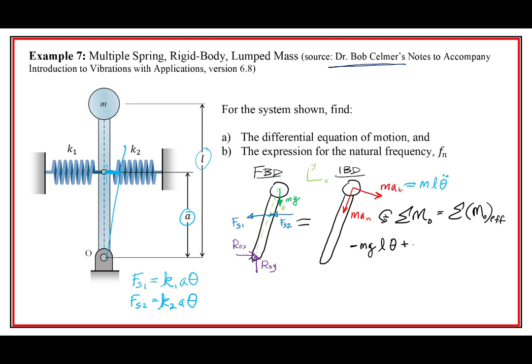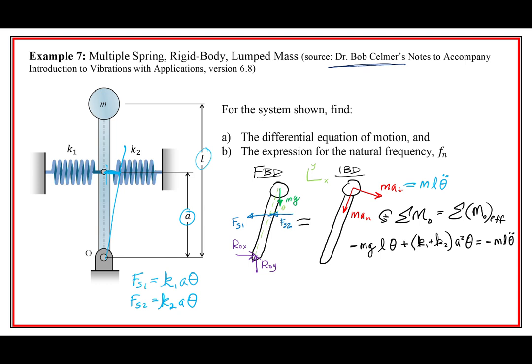So there's going to be K1 plus K2 times A squared times theta. And this can be equal to, well, I'm drawing this thing clockwise, so I'm going to go negative ML theta double dot. I think I got it all.